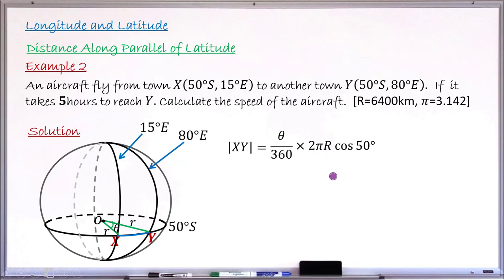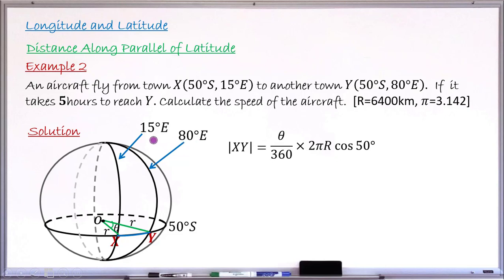So I'll now substitute my theta, my R, and the pi. But to get theta, looking at these two, point X and point Y have longitudes 15 east and 80 east. The two longitudes are in the same direction.